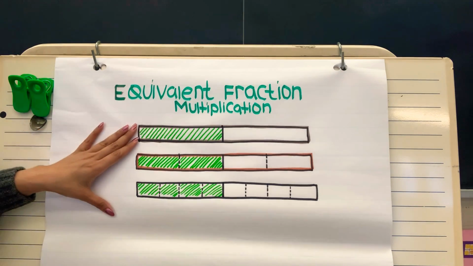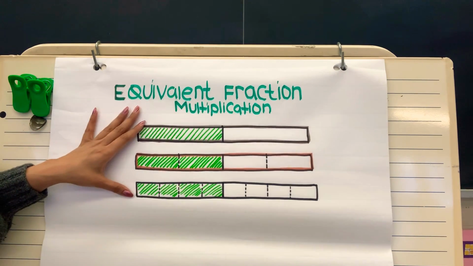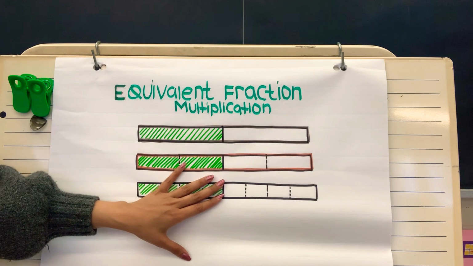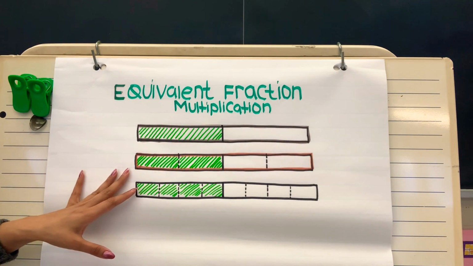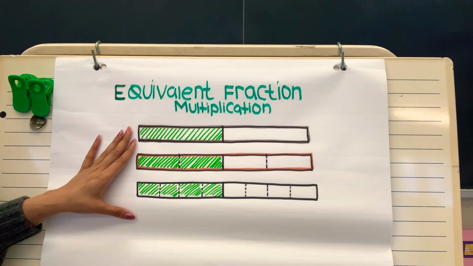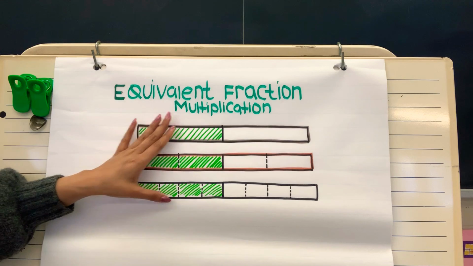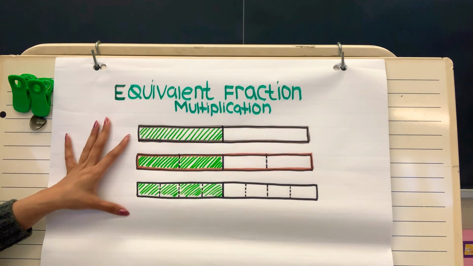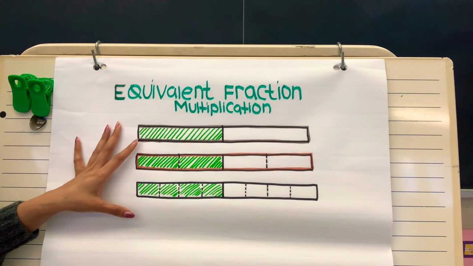So here I have drawn, as we saw in the last lesson, and even in your workbooks, if you were to move to page 94 right now, you saw similar fraction bars in your workbook.